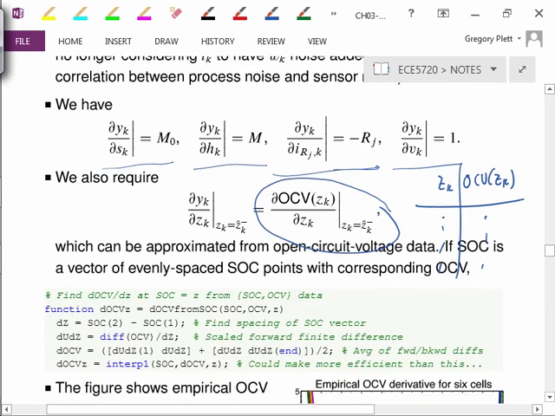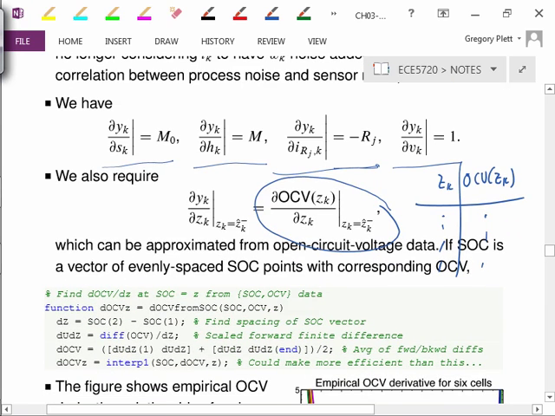And this little piece of code is one way to do that. It's a MATLAB function that you can implement. So function docvz equals docv from SOC, evaluated at SOC, that's the present operating point, the OCV relationship. This is the table. So SOC is this, OCV is this, and then this is the operating point where I want the derivative to be found.